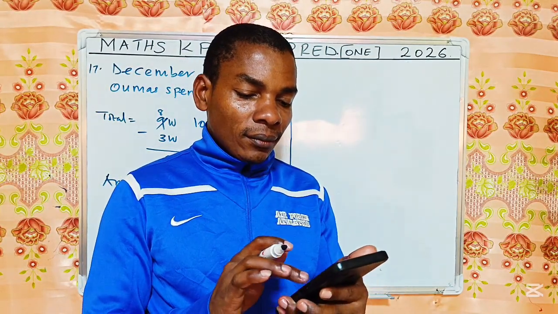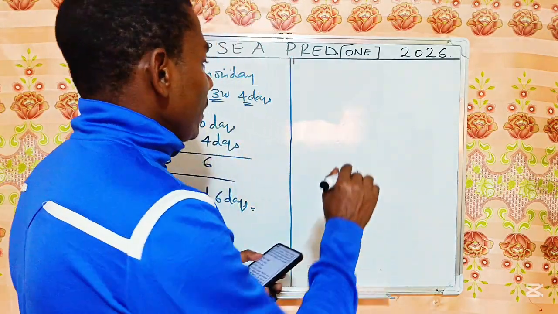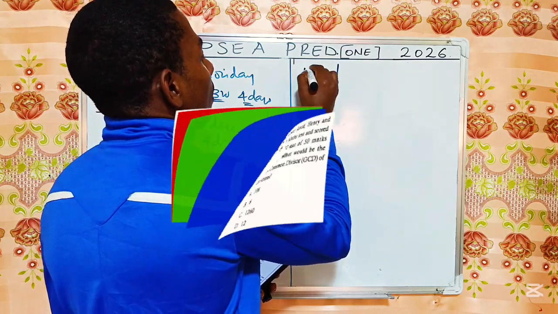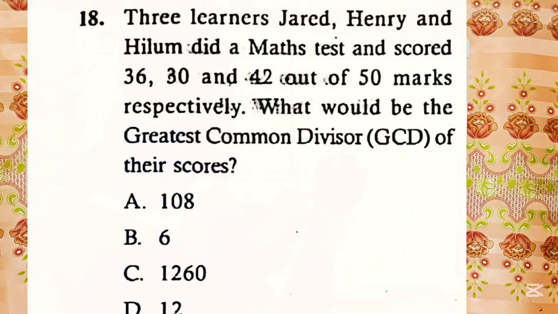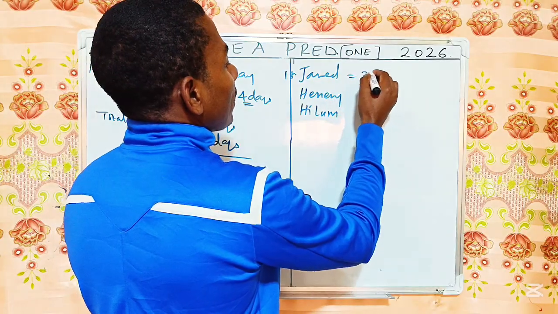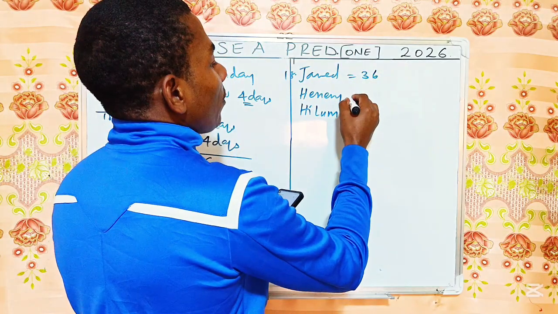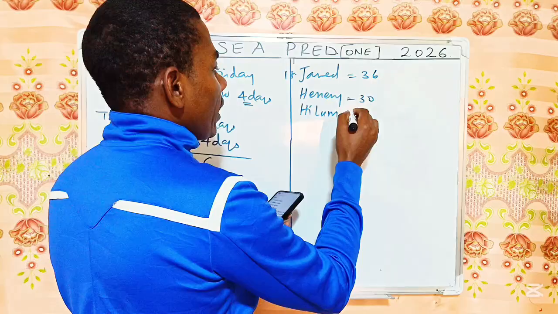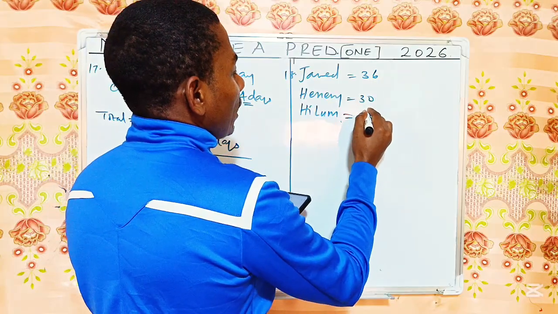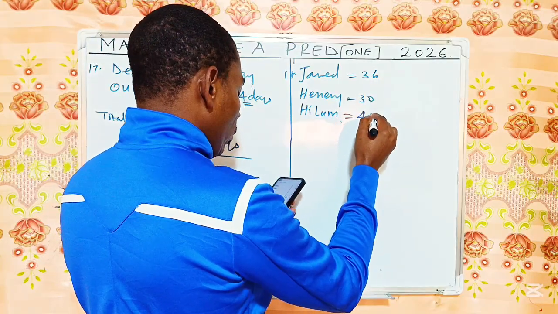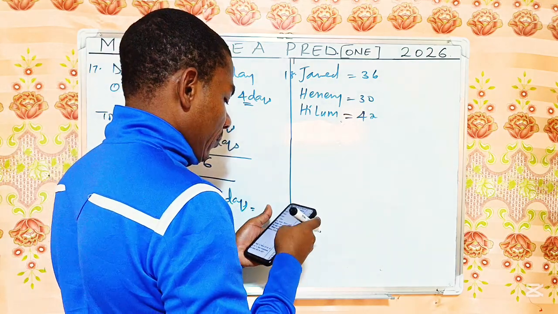Question 18. 3 learners, Jared, Henry and Hilam, read a man's text and scored 36, 30 and 42 out of 50 marks respectively.